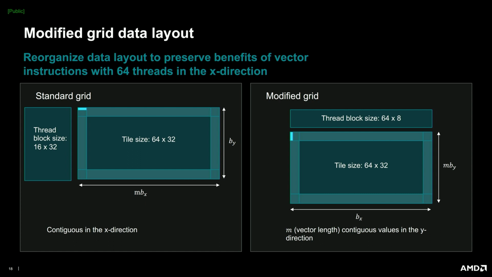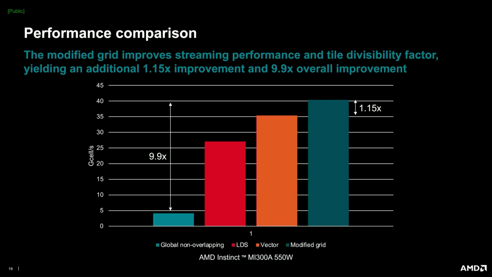Thereby we can tap into the benefits of good streaming efficiency for such a thread block configuration while circumventing the other issues. And with this optimization, you can gain another 1.15x, and now we have nearly a 10x speedup.